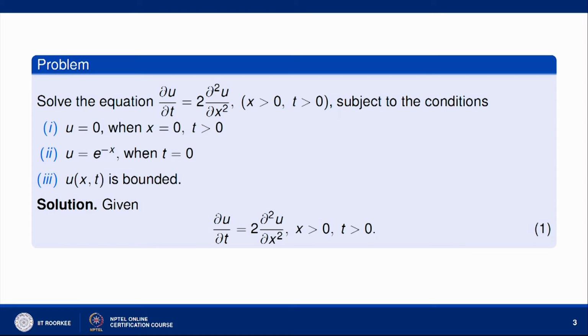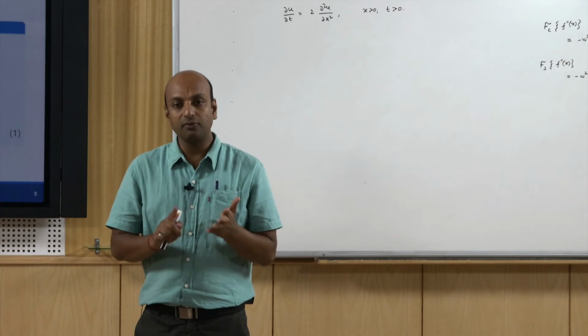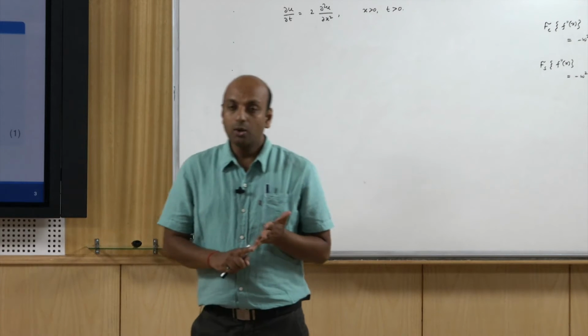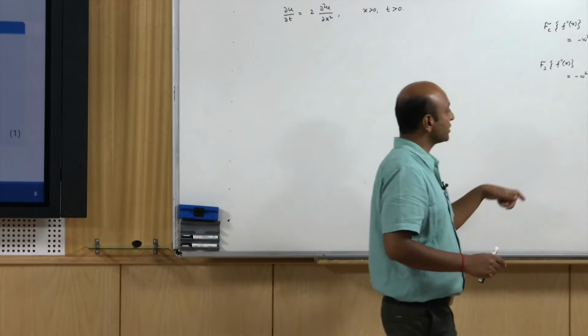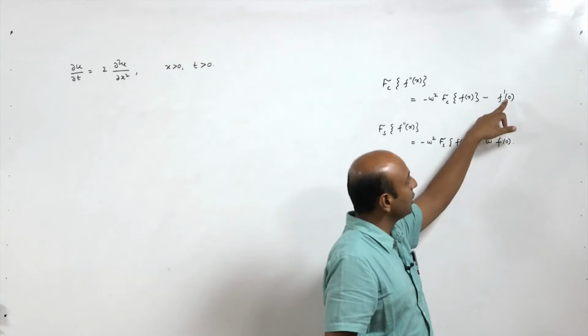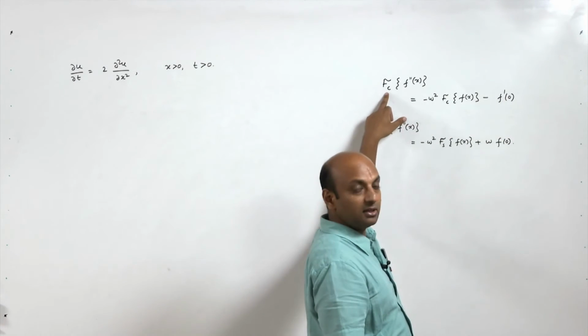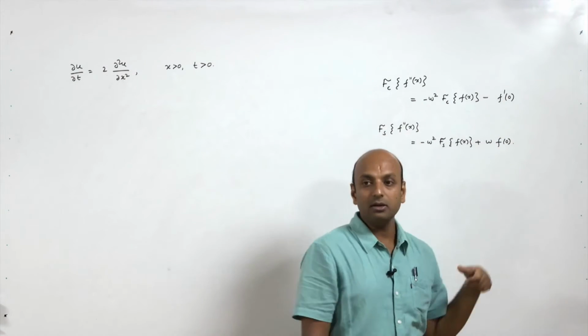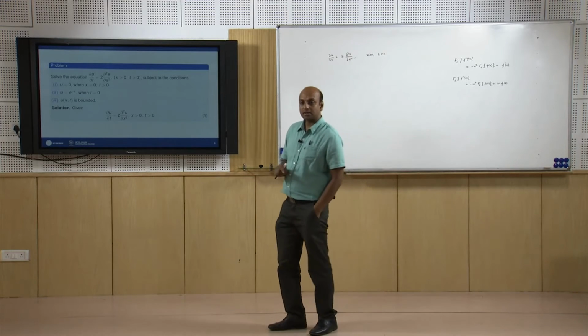Basically, whenever we have a half range, we apply either Fourier sine or Fourier cosine. When the initial conditions have the partial derivative at x equal to 0, we apply Fourier cosine; otherwise we apply the Fourier sine transform. So, in this particular problem we apply the Fourier sine transform.